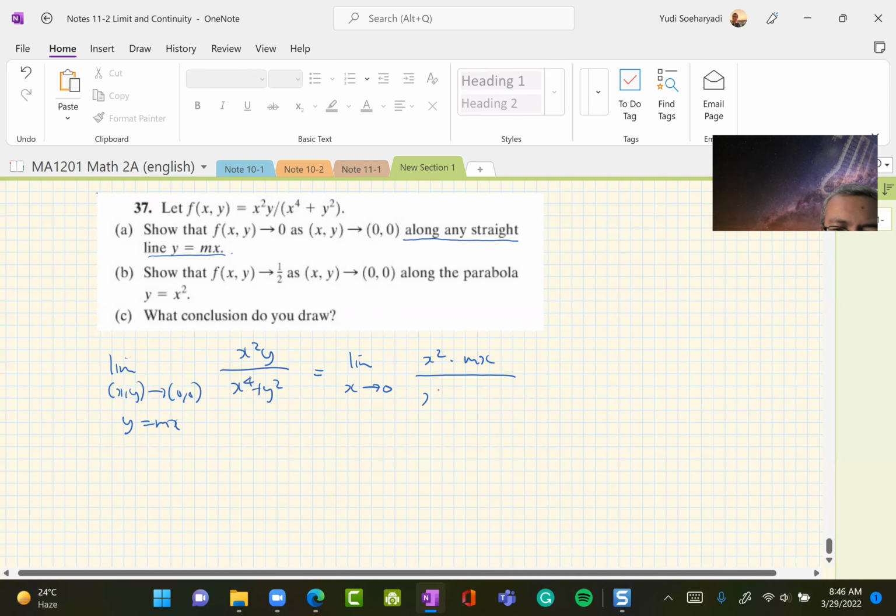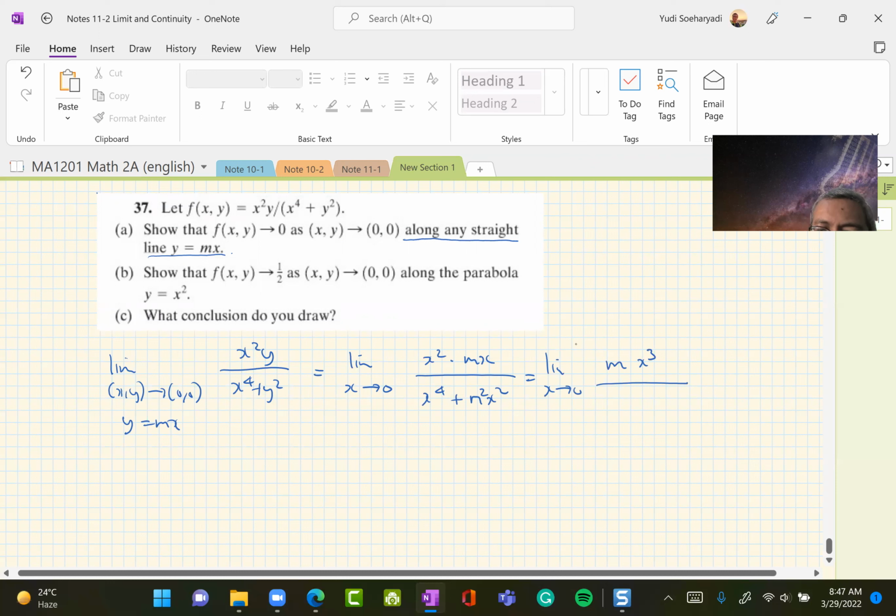This is x to the 4 plus, let's simplify this, mx cubed.